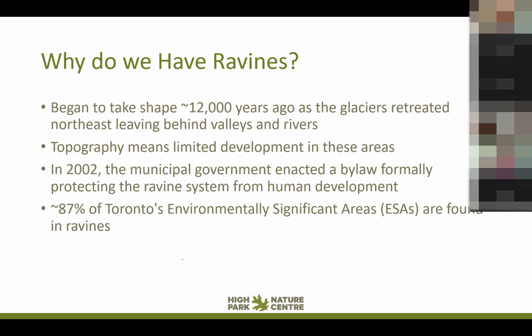So again, limited development in these spaces where we find a lot of our endangered species and sensitive habitats, including wetland spaces, spaces like High Park, makes it very challenging to build houses. Also, they're mostly all in floodplains as well. So it's one of the benefits that we have having these ravines here.